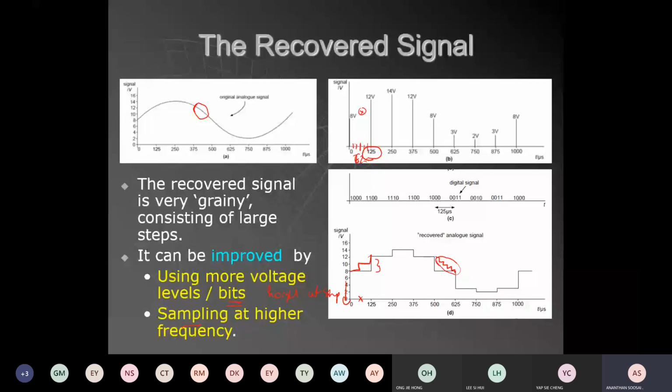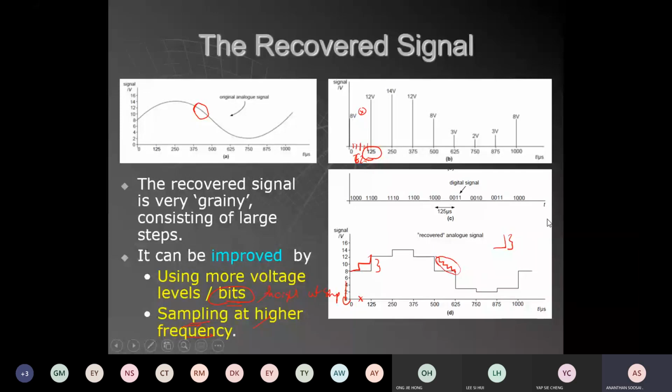So how do you make it more accurate? The width and the height of the steps are to be reduced. The height can be reduced by having more bits. The width can be reduced by having a greater sampling frequency. Nowadays this is very high. Technology is so advanced that digital is very accurate.